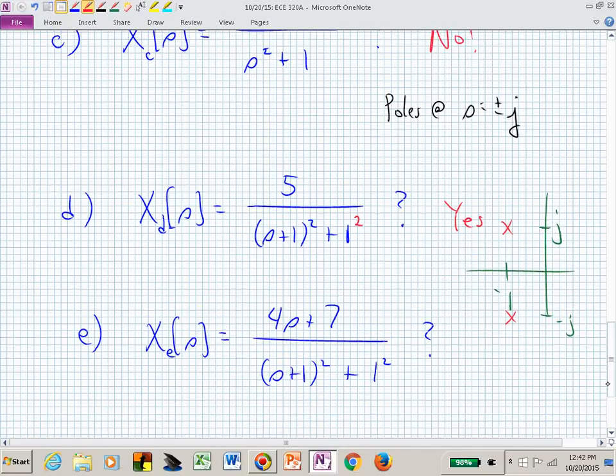Can we apply the final value theorem to E? How is it going to shake? Is it at all like any of the earlier examples?